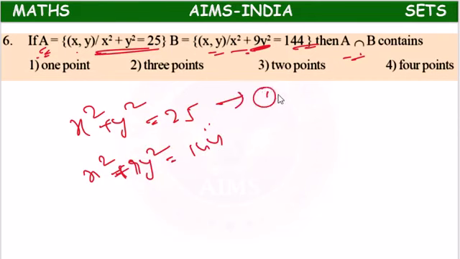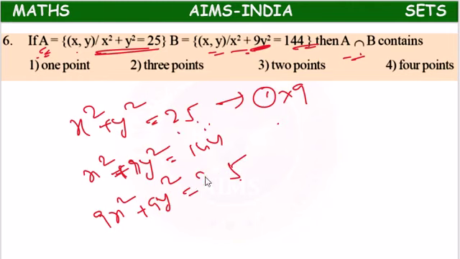Let's multiply the first equation by 9. So 9x square plus 9y square equals 9 into 25, 225. If you do subtraction, the 9y square cancels.